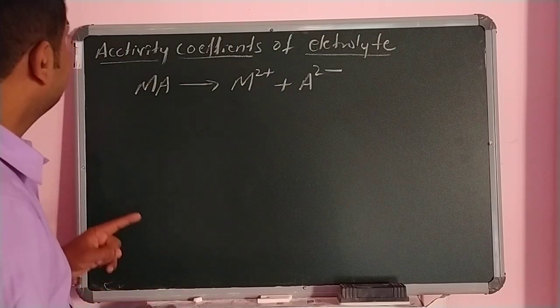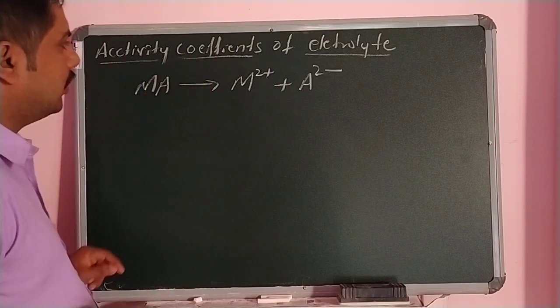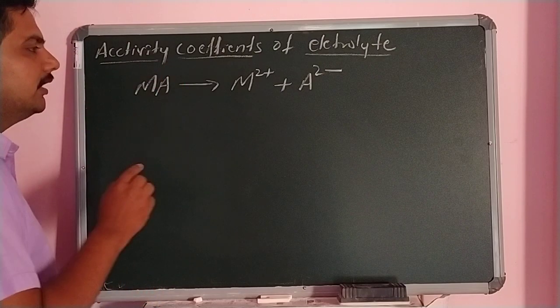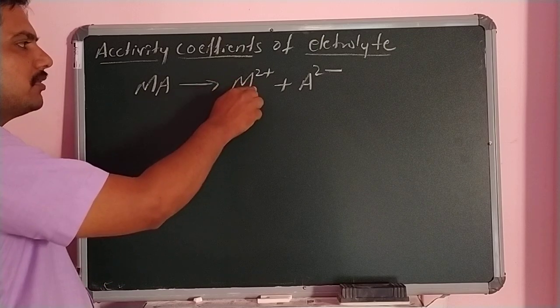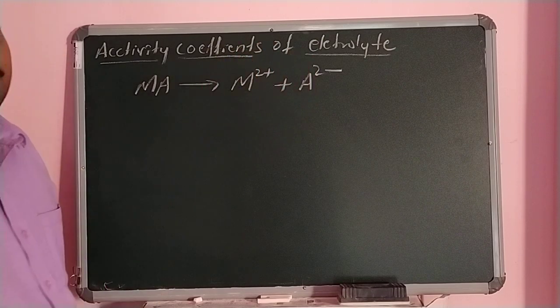So that's why, while learning the activity coefficients of an electrolyte, we are going to take the binary electrolyte MA undergoing dissociation to form M^z+ and A^z-.